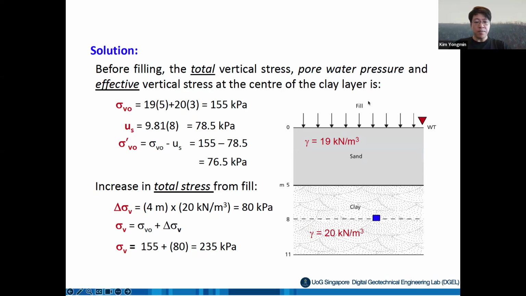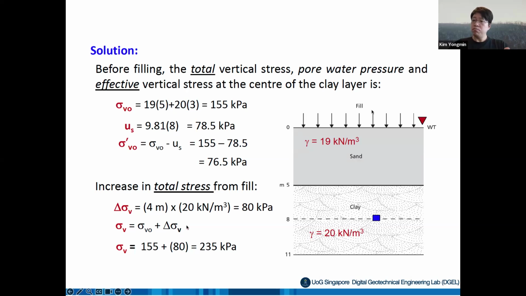And then I add 80. My additional stress is 80. Right after this placement of the fill layer, the pore water will support this additional 80.